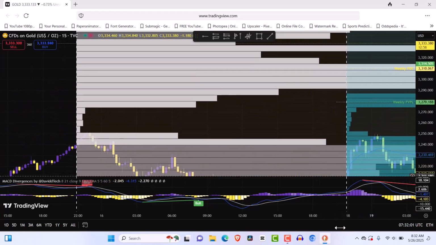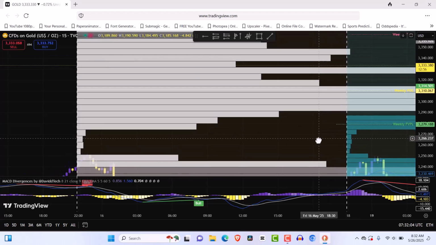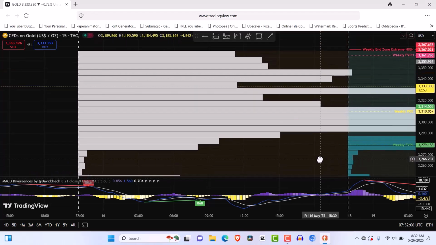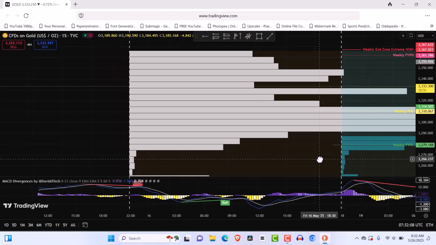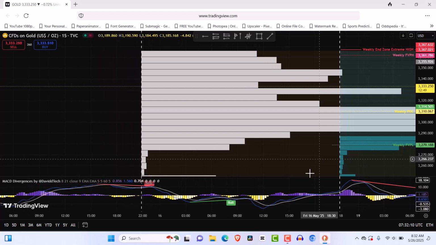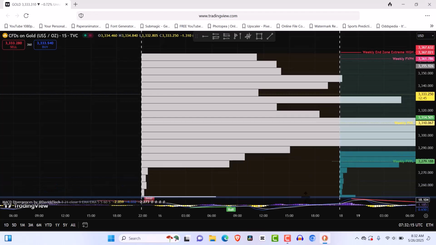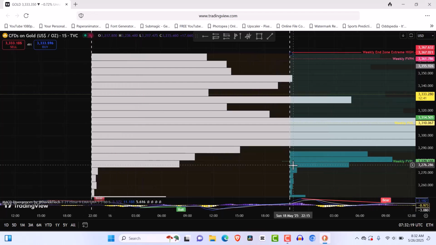Okay, so this is the range we are looking to trade off. Let me just reduce this a bit and take this down a bit also. This is where we are looking to take our trade from.